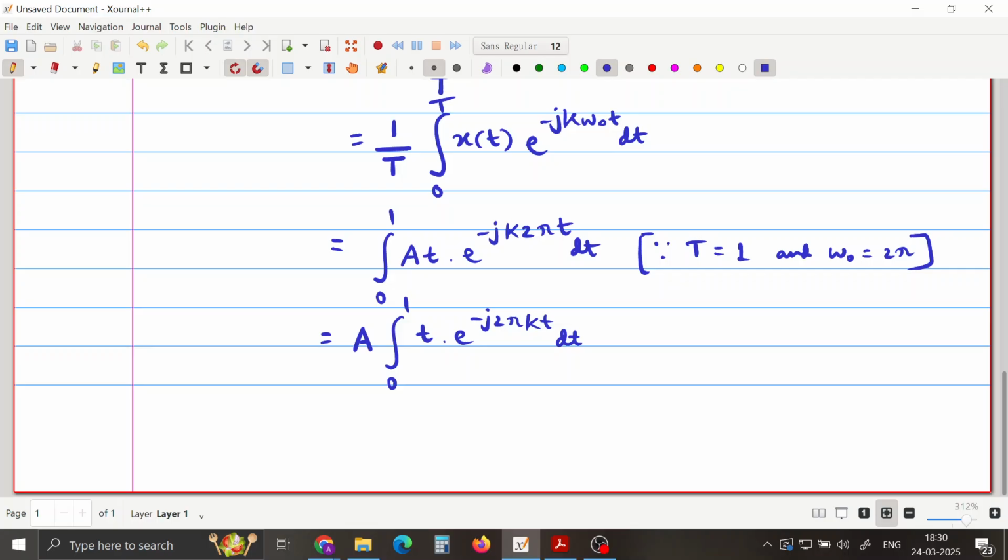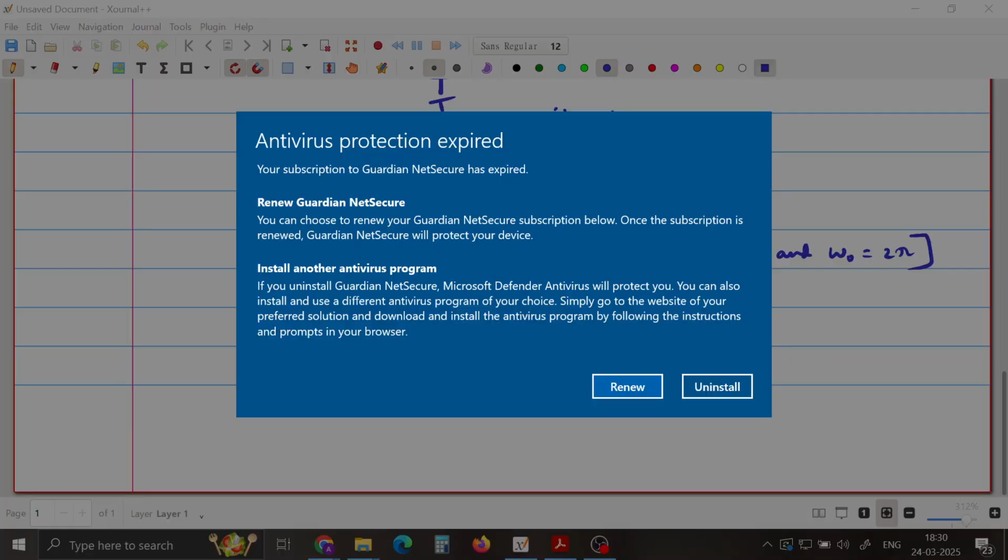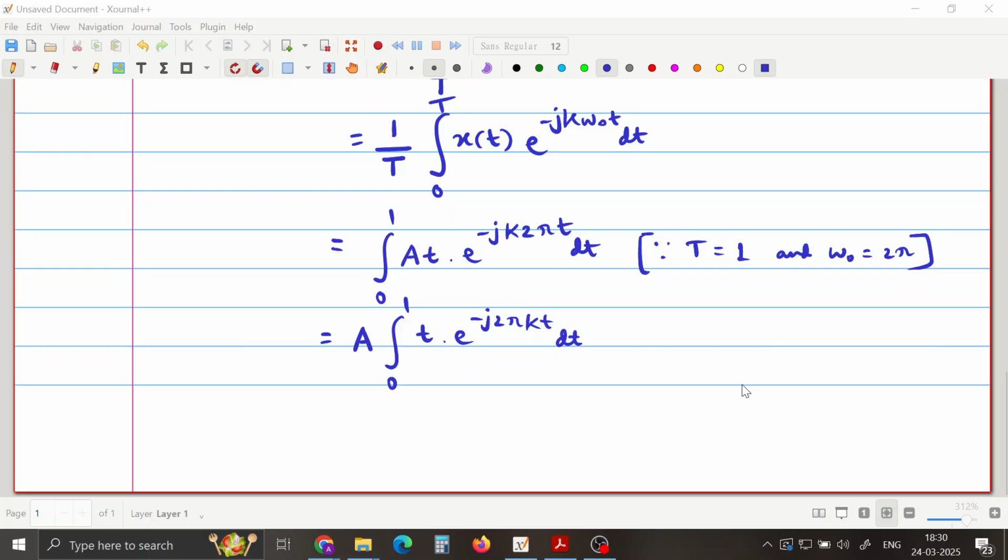The rule we use to decide how to evaluate this is given by ILATE. You decide by assigning priority to the functions: one of the functions is labeled as the first function and the other as the second function, based on that ILATE rule.